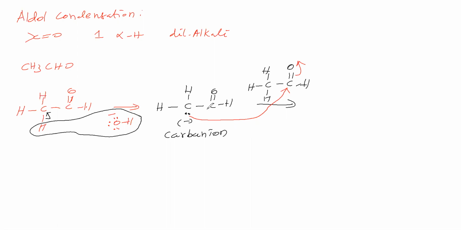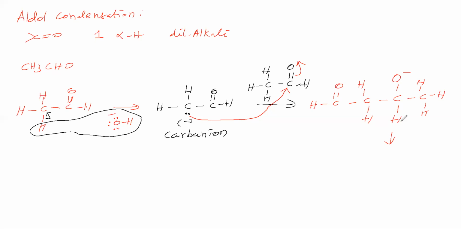So what we are getting is this aldehyde group, this CH2 group, and this carbon making a bond with this carbon. Then this is becoming O minus, and this CH3 is there.